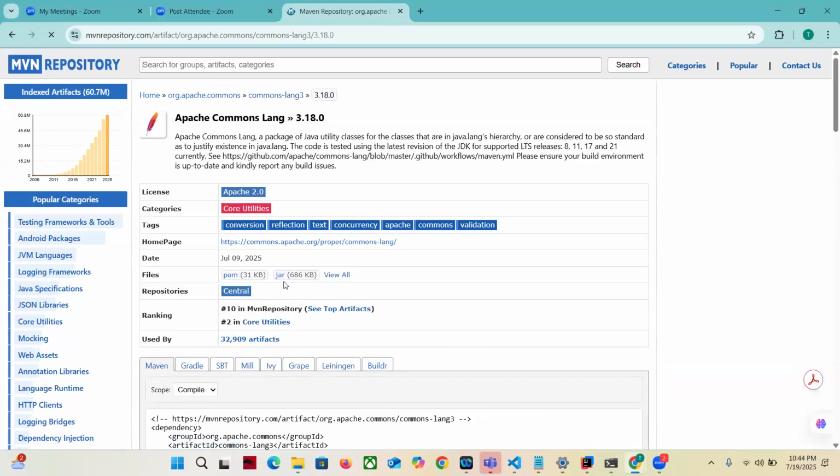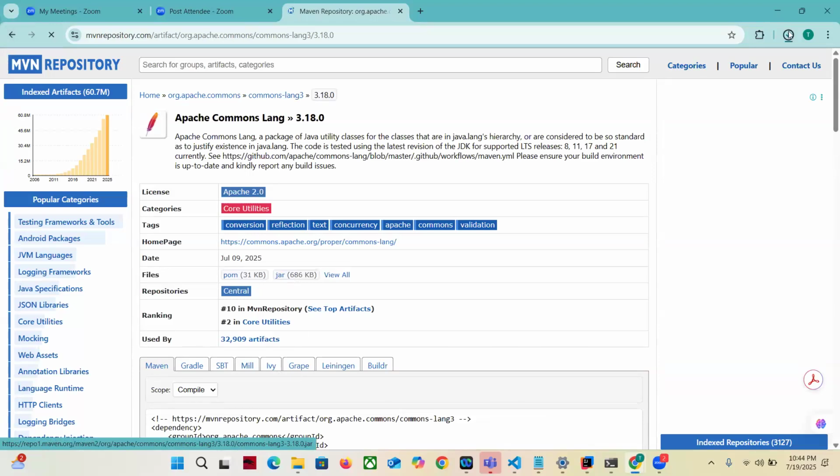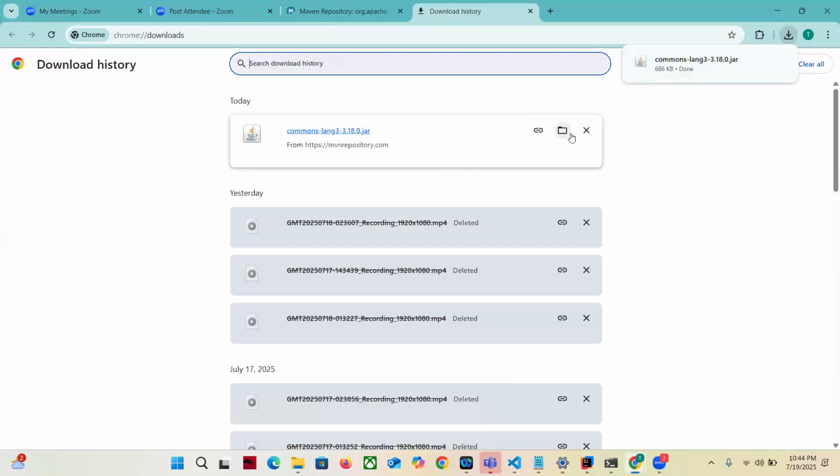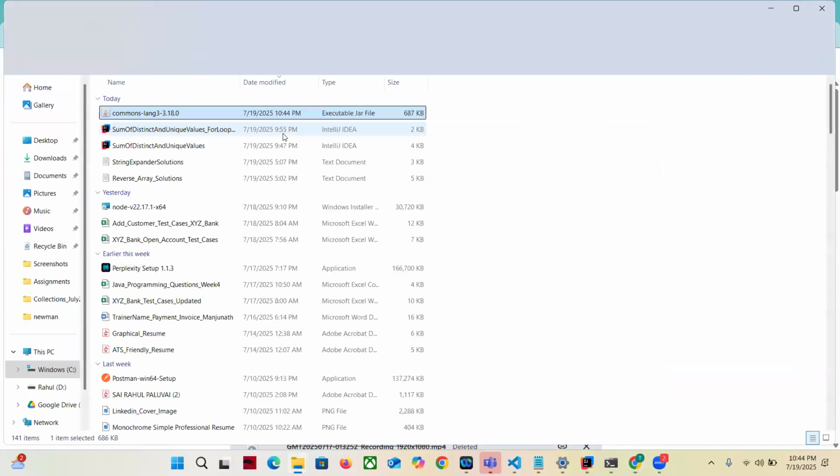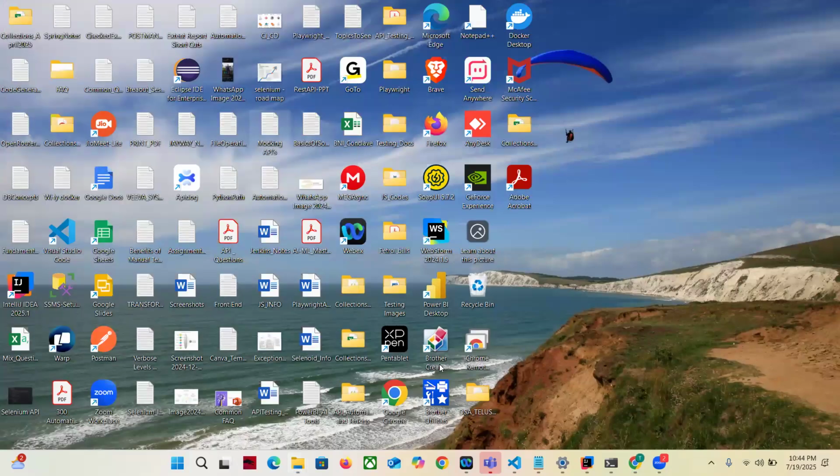I am not working with a Maven project currently, so I have to add the jar file manually.